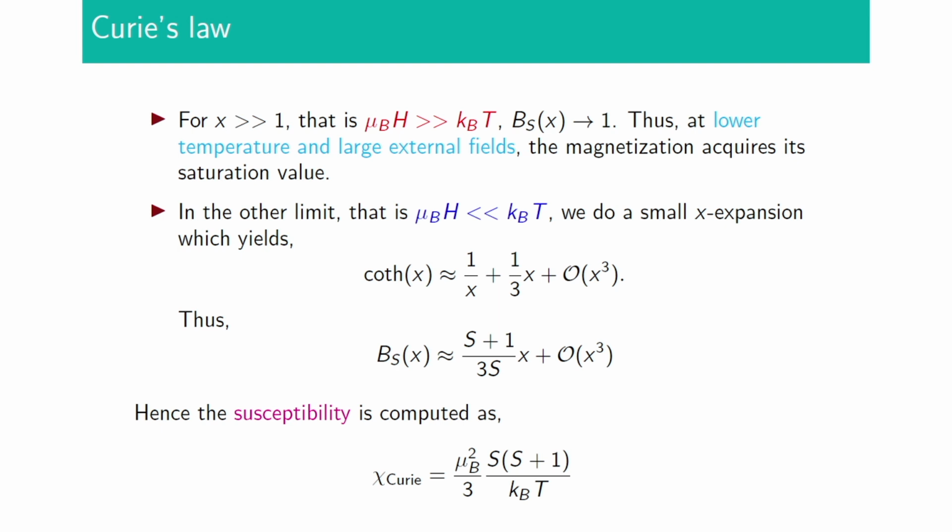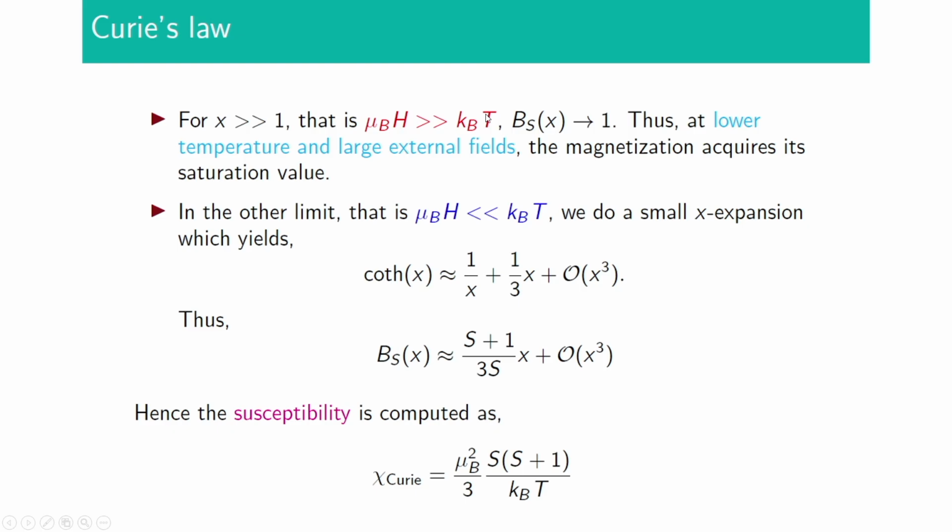So, let us look at various limits of the behavior of either the magnetization or susceptibility. Let us first talk about x much greater than 1, which means that mu_B H is much greater than kT. So, this magnetic energy is much larger than the thermal energy, which means temperature is small.